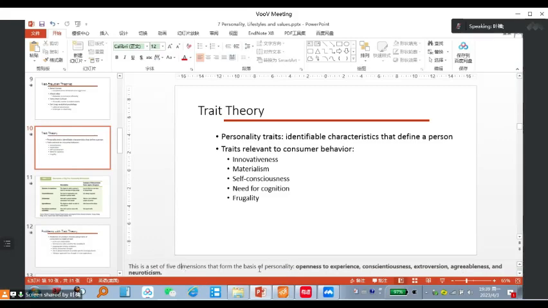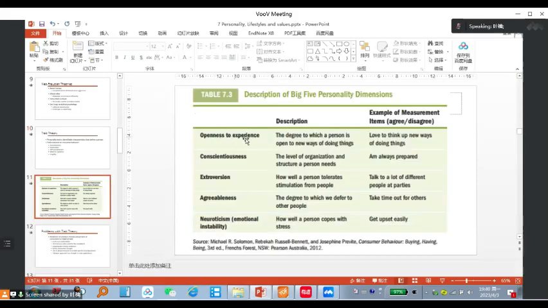This is a set of 5 dimensions that form the basis of a personality, which includes openness to experience, conscientiousness, extroversion, agreeableness, and neuroticism, or emotional instability. And till today, there are many researchers using the measurement of the Big Five personality dimensions to explore the effect on consumer behavior.